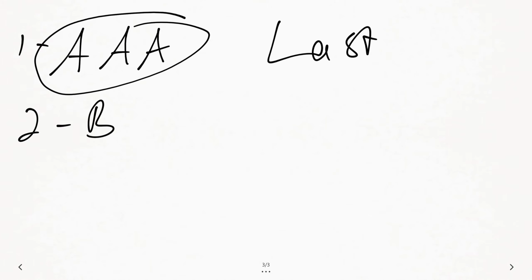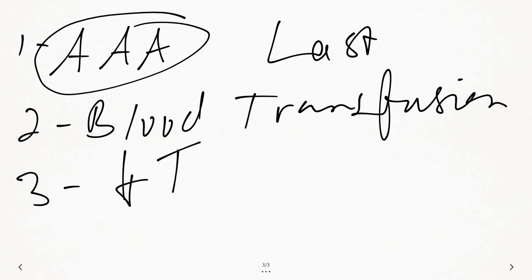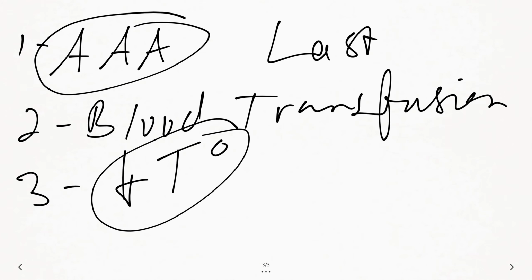To make a map here, they are going to ask you about abdominal aortic aneurysm itself, and you have to know that they are going to ask you about this at the end. And they are going to ask you about blood transfusion, in detail, and this will be maybe in the middle. And they are going to ask you about hypothermia, and most probably this will be the beginning for you. Okay, so let us start here.